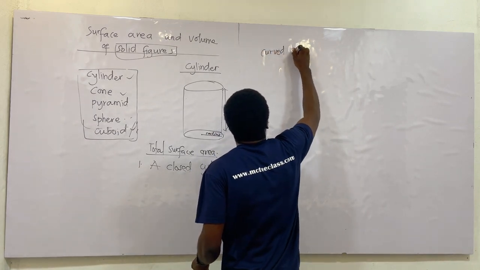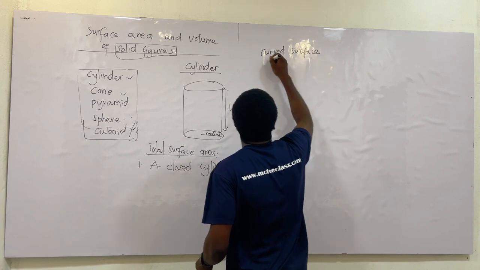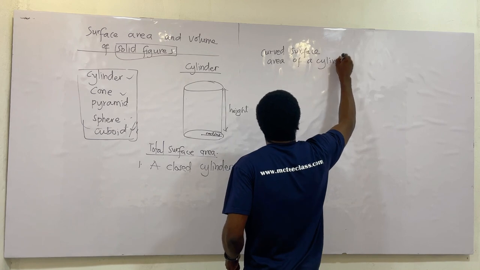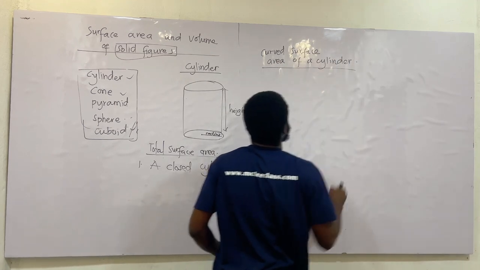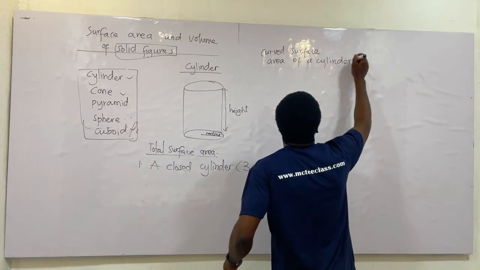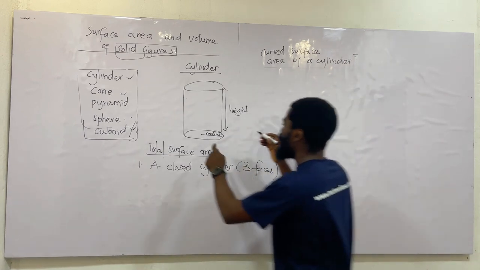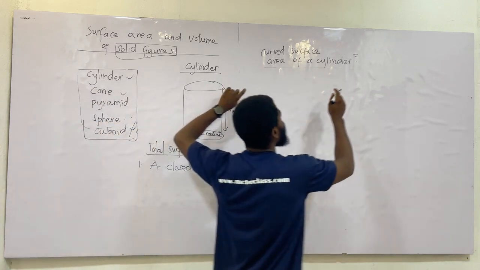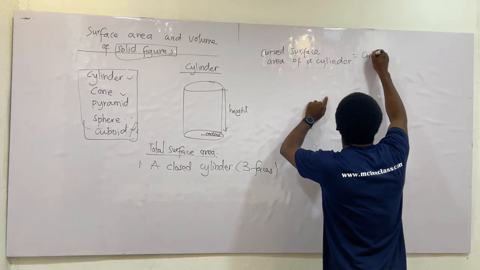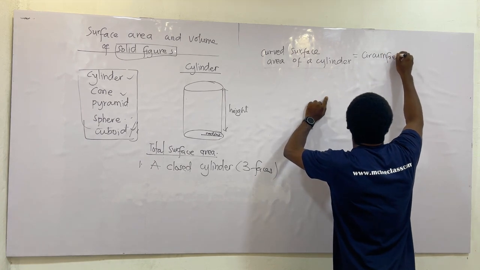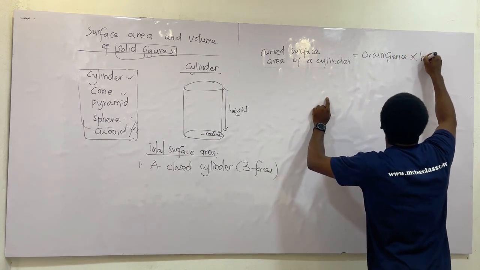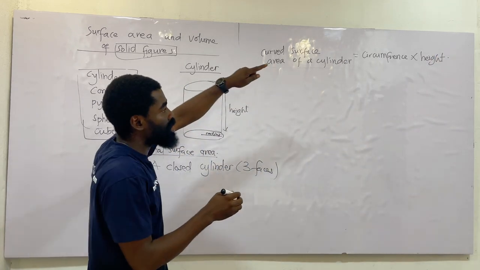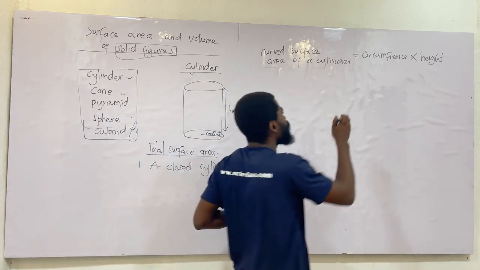The curved surface area of a cylinder equals the distance around the wall, the tin, and the distance around is the circumference. So that will be the circumference times the height. This will be the curved surface area. Now this circumference is the circumference of a circle. So what do I have?